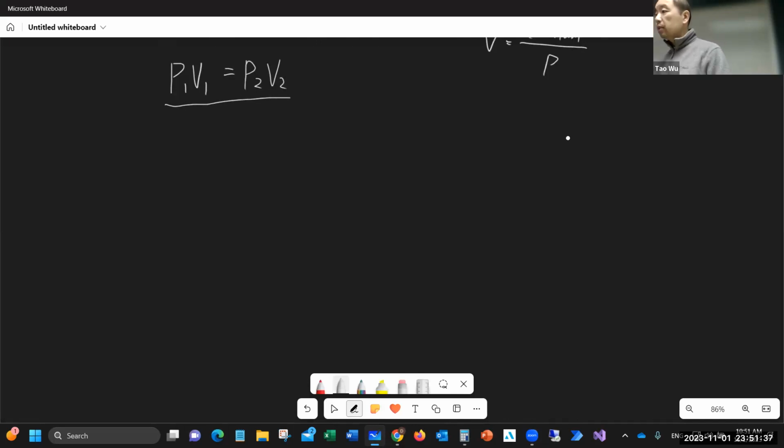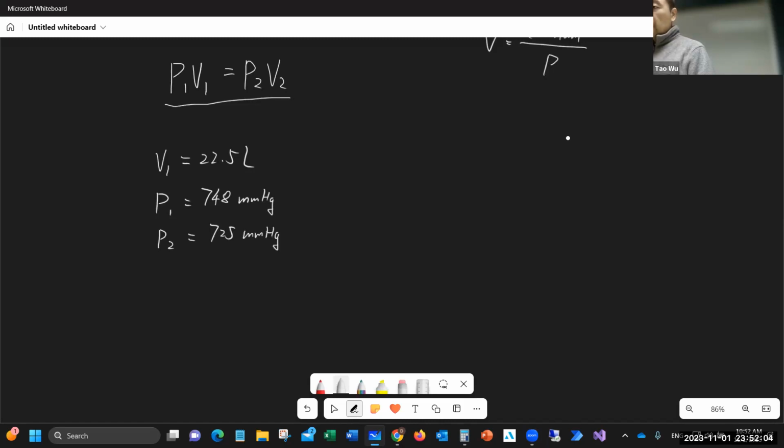So now we have the first volume, V1, that's 22.5 liters. The first pressure is 748 millimeters of mercury. The second pressure is 725 millimeters of mercury. And the question is asking for the second volume.